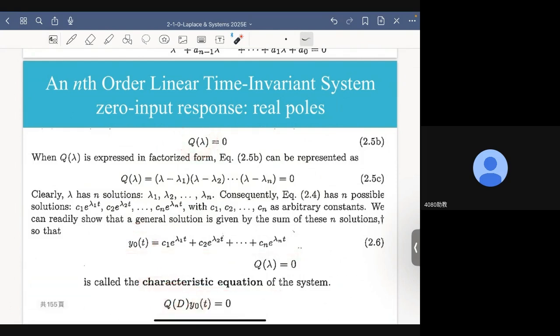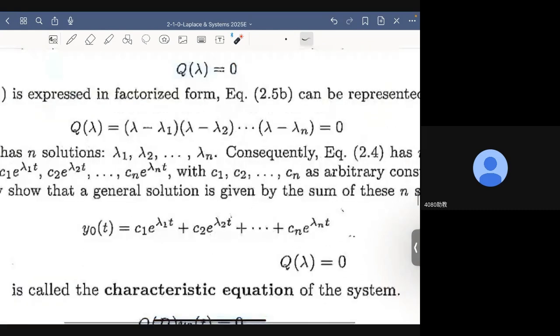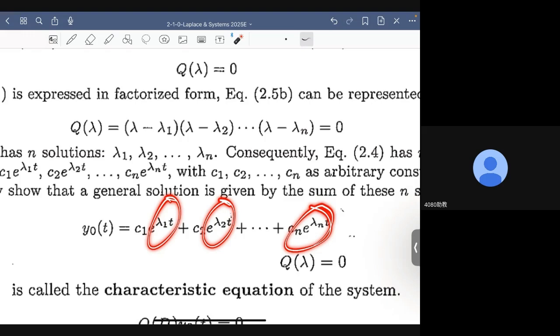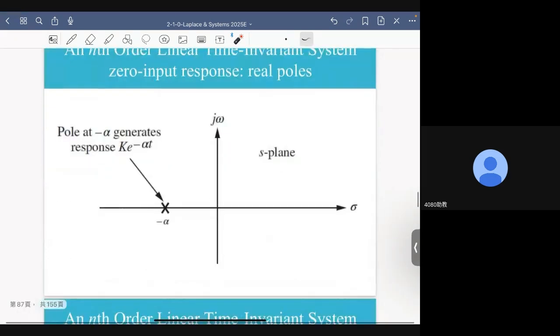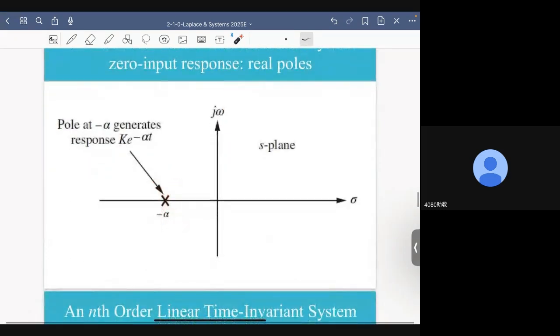Now, each of the exponential functions here is a mode of the system. All right. And here it just shows the location of one pole. Let's just skip this slide for the time being.